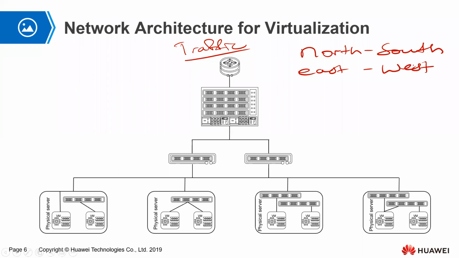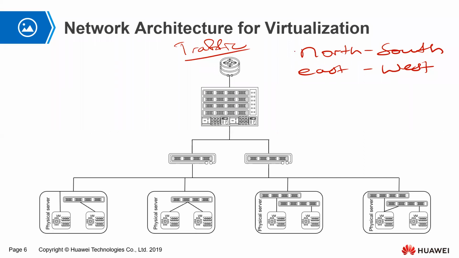I want you to pay attention to this. In our traditional IT systems, we do not make such distinctions. Actually, we don't even pay attention to north-south, west-east traffic. But because we're in a virtualized environment, now we need to pay attention to this kind of traffic.